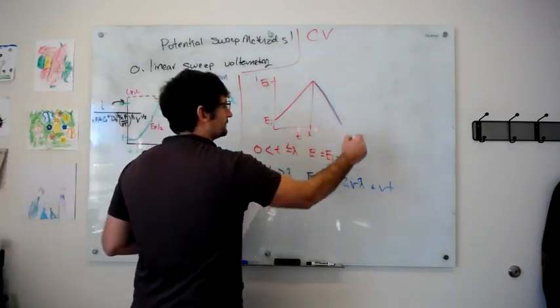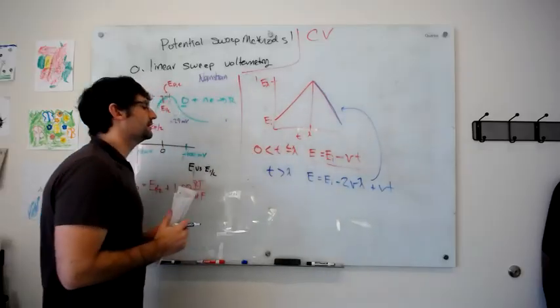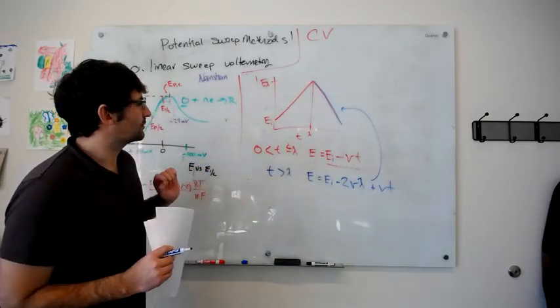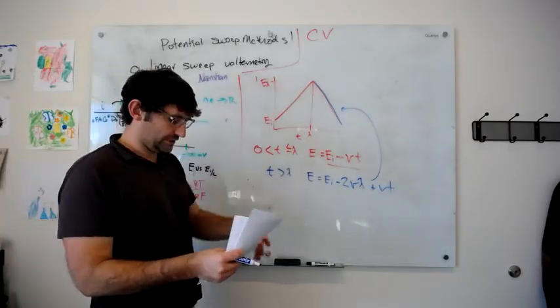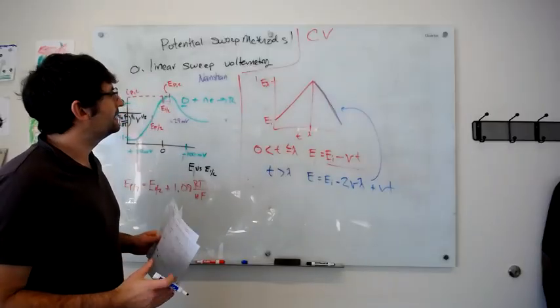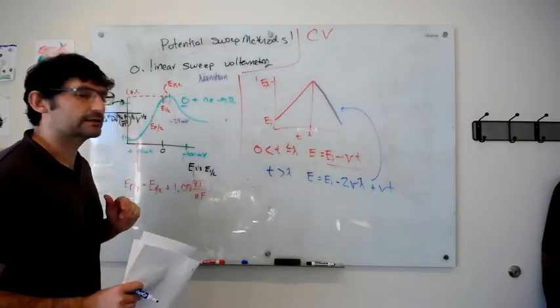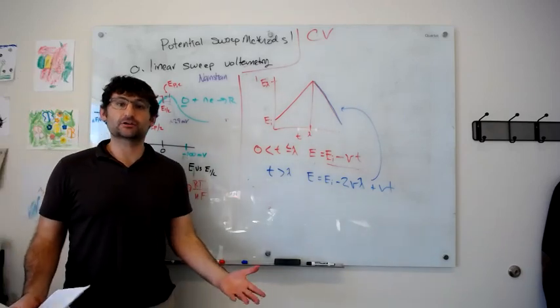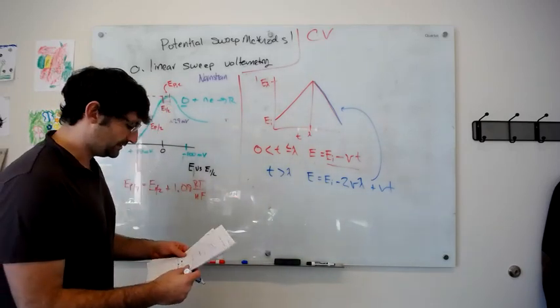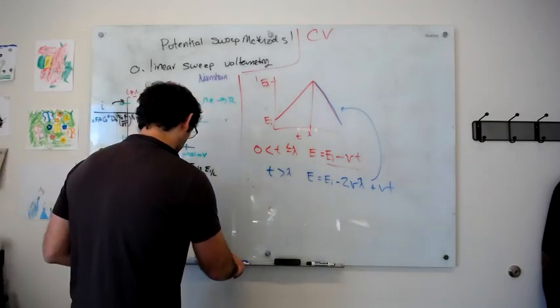And that's just the equation for this line. Okay. So we can define these equations, which describe how the potential changes with time. And then we can use that to solve the diffusion equation numerically and get the response of our electrode system as we sweep the potential forward and back.